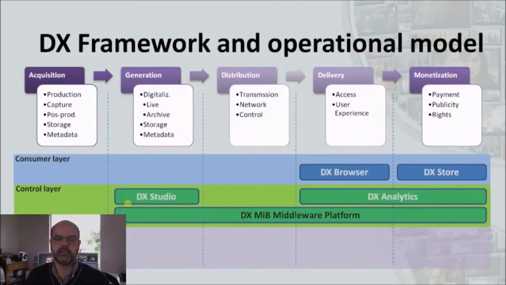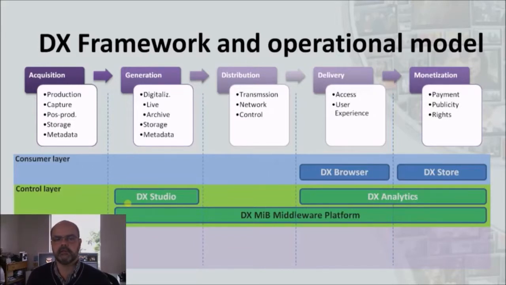So after the consumer layer, which is what the consumer sees, you have the control layer, which is what the manager sees. The manager sees DX Studio, which is basically an uploader of video, and sees the middleware platform, which is where you input the metadata and build the experience itself for delivery.